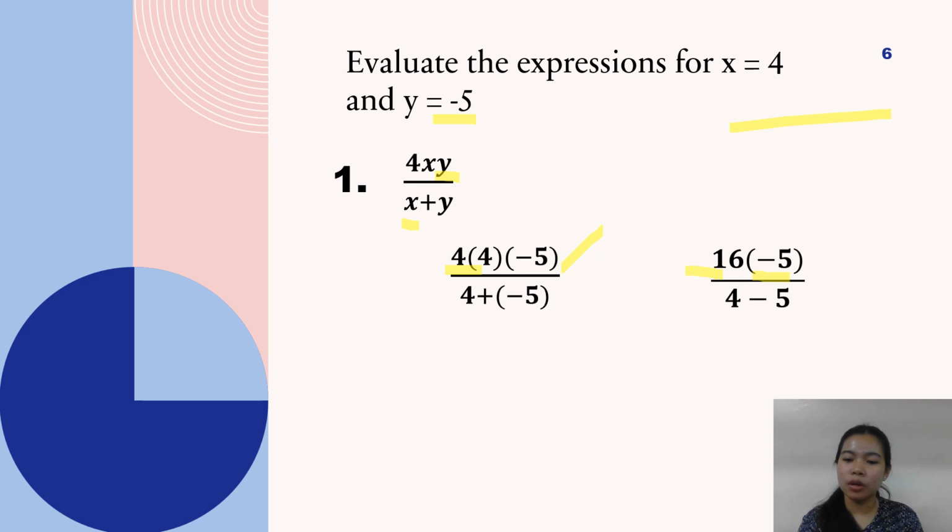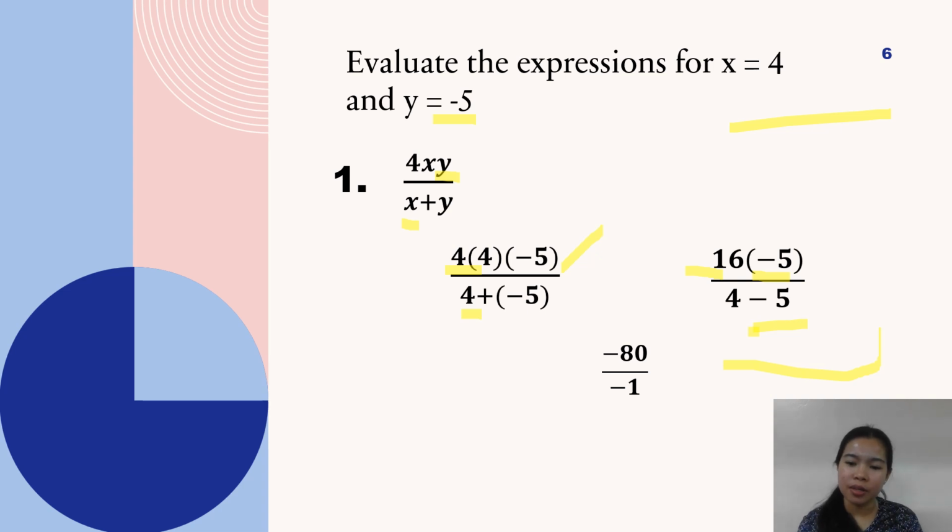So this is just to show you a process on how to evaluate the expression. 4 right here is copied, and when you multiply addition by a negative sign, you will be able to get a negative symbol as an answer. So 4 minus 5. That's not yet the final answer.